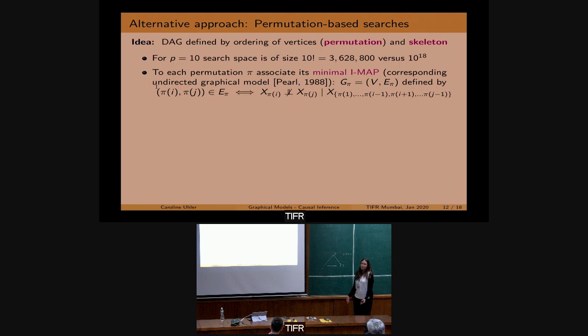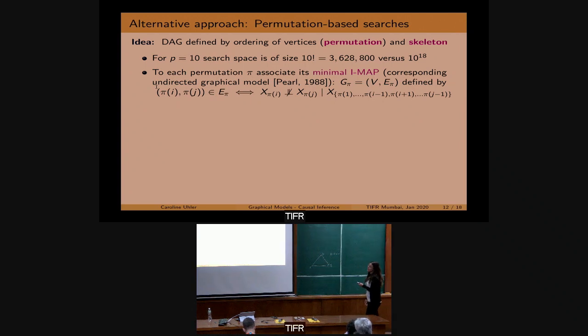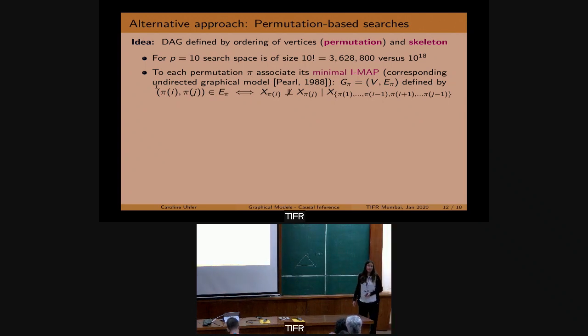But if I give you the ordering, then basically learning the undirected graph corresponding to that ordering is as easy as standardly learning an undirected graph. Okay, and it can be done, and we know exactly which conditional independence relations have to be tested. So that means that really what is hard about causality is just learning the permutation, learning the ordering. Okay, because once I give you the ordering, you learn the corresponding undirected graph, and you continue on.